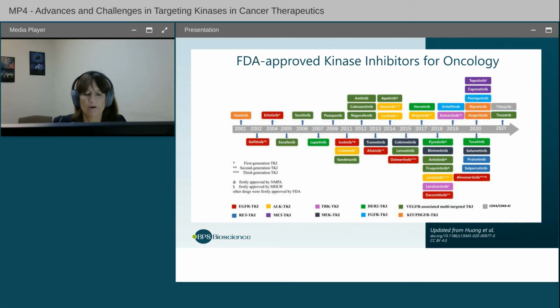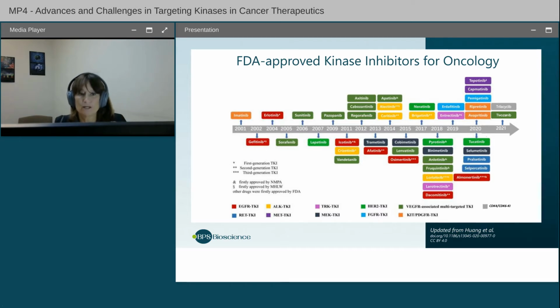So here are a few FDA-approved kinase inhibitors in oncology. This is a subset of these inhibitors as they target tyrosine kinases and only those that are involved in oncology. So for example, you're not seeing here the JAK inhibitors that have been approved for immune diseases.